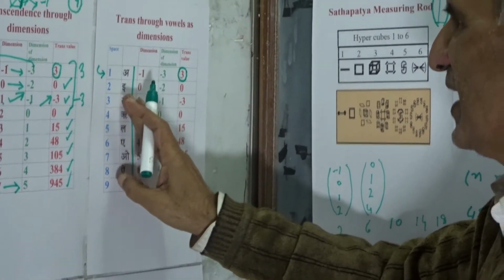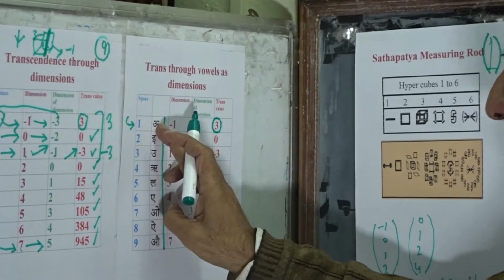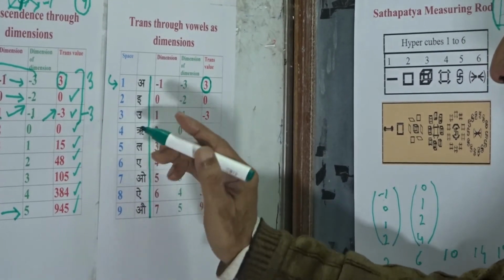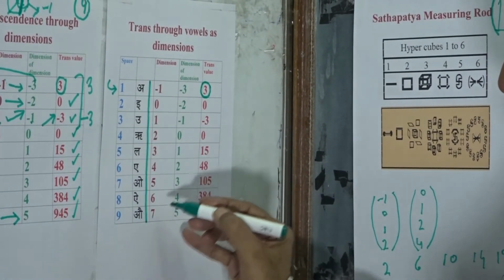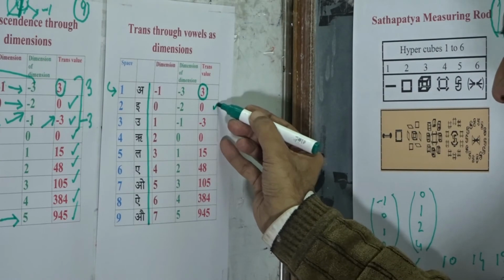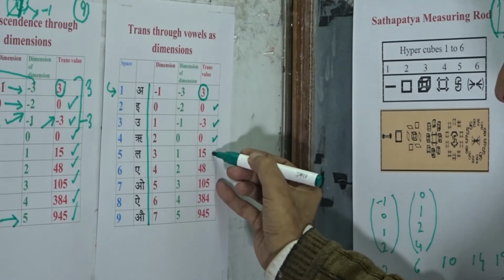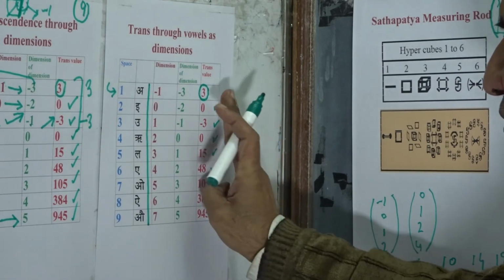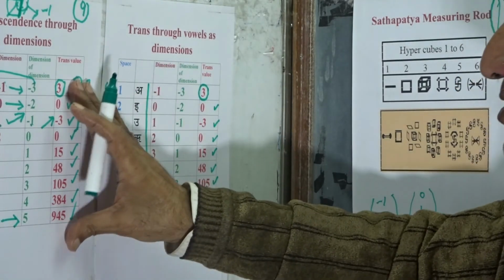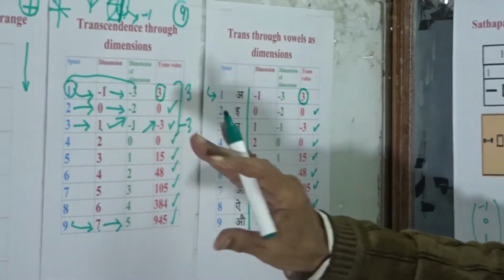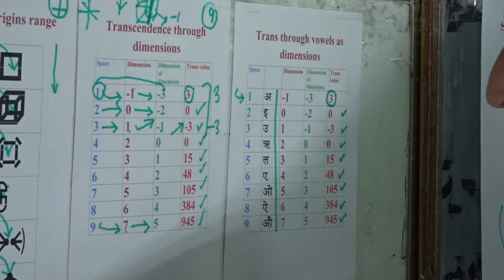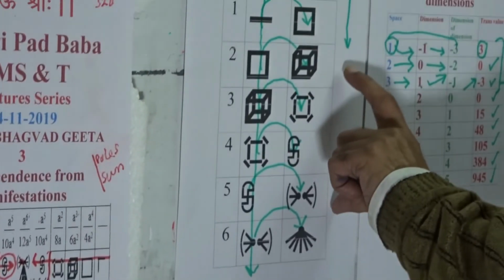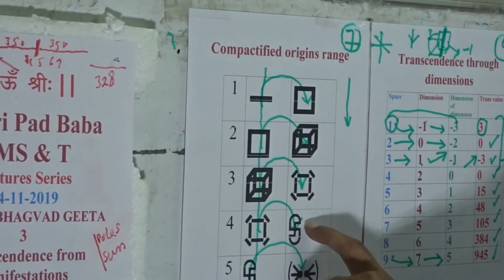So the trans value through the vowels, dimensional frames, is taking us sequentially from the first vowel to the 9th vowel, as values 3, 0, -3, 0, 15, 48, 105, 384, 945, which are the values of the transcendence through dimensions.